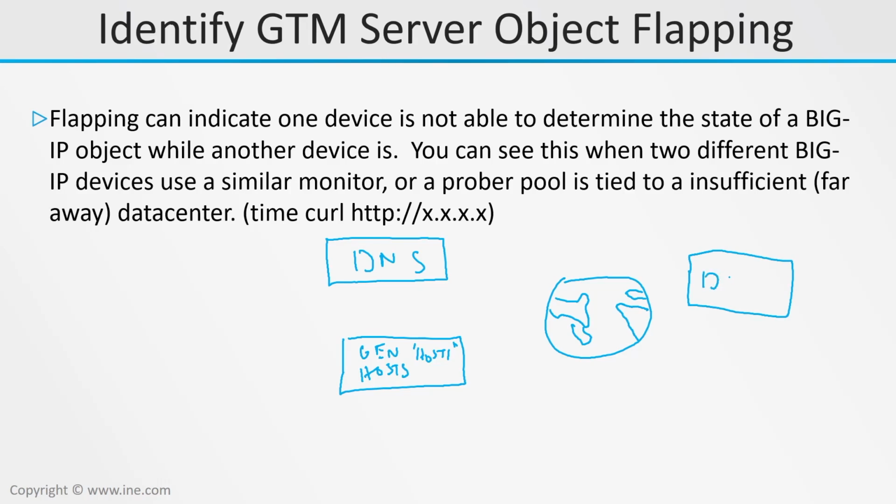I should say across the country, because if you're using private links, both DNS devices are monitoring the generic host 1, but this one is coming from across the country to do it.